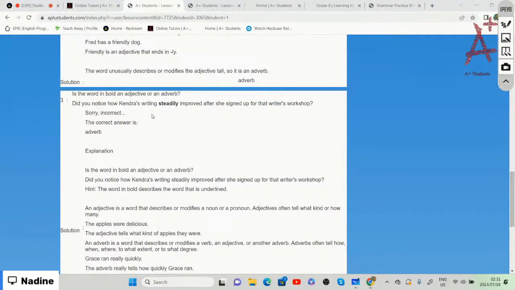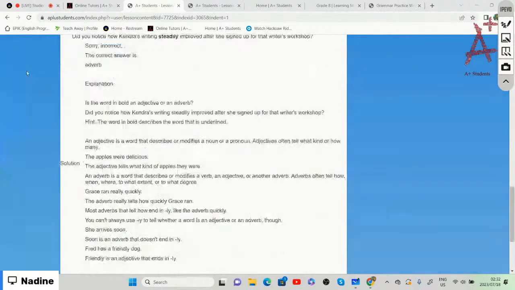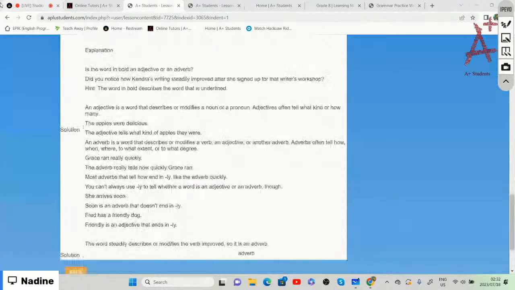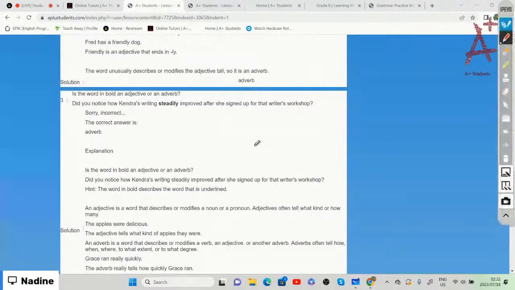We need to choose whether the word in bold, steadily, is an adjective or an adverb.